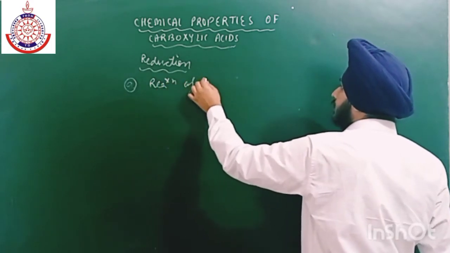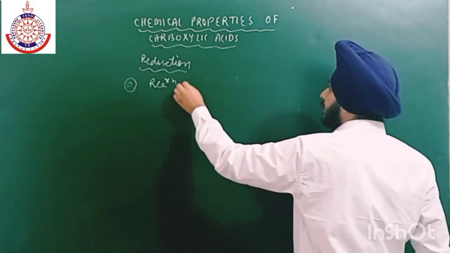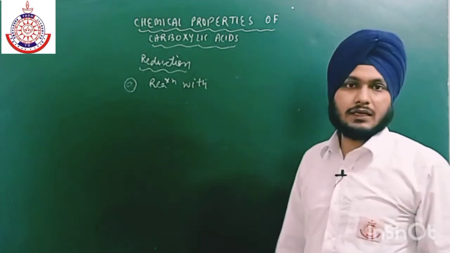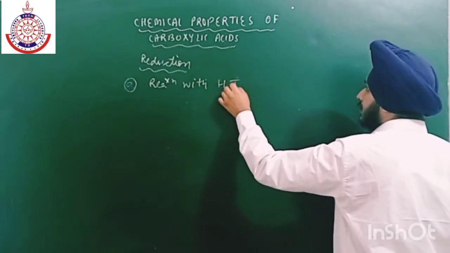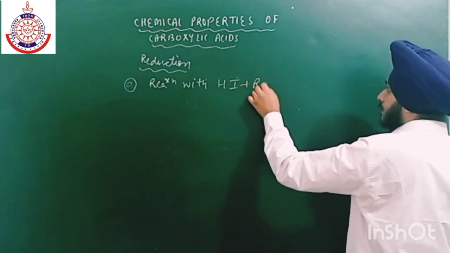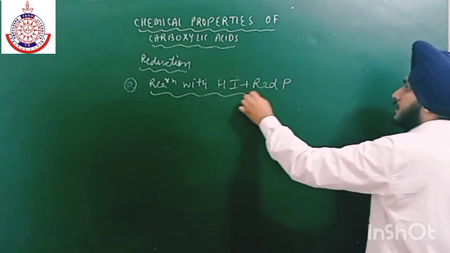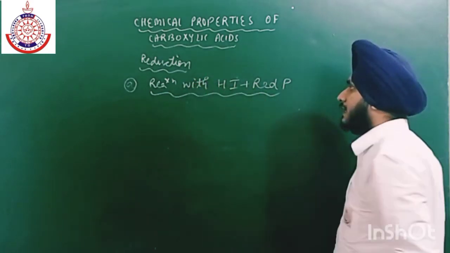carboxylic acid with HI plus red phosphorus, which we have already done in the case of aldehyde and ketone also. This is a very important reaction.